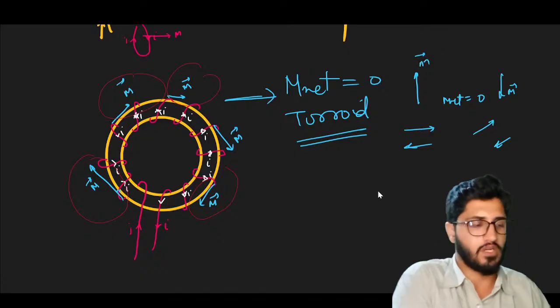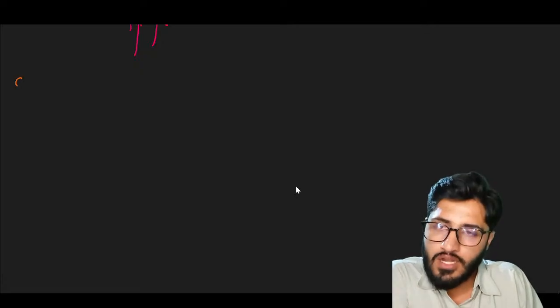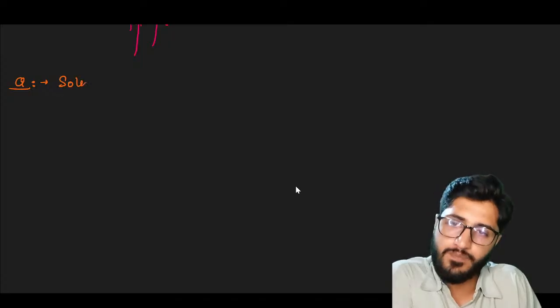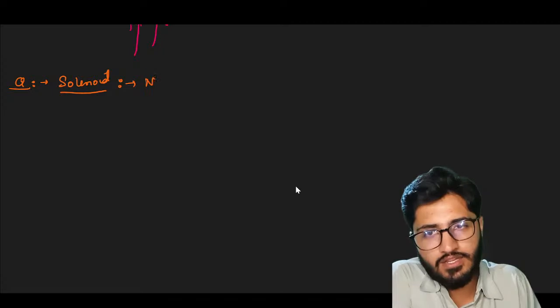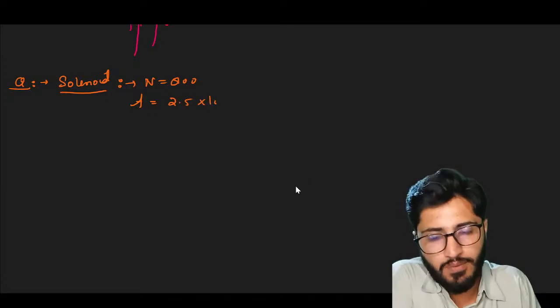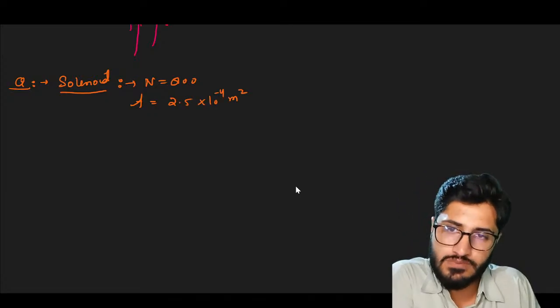Let us do a numerical then. Let's do a numerical. Like we are having a solenoid where n is equal to 800. Area of cross section is given as 2.5 × 10 to the power minus 4 meter square.